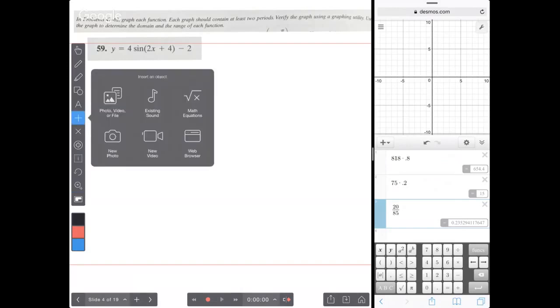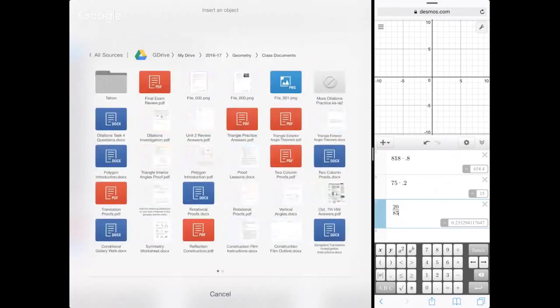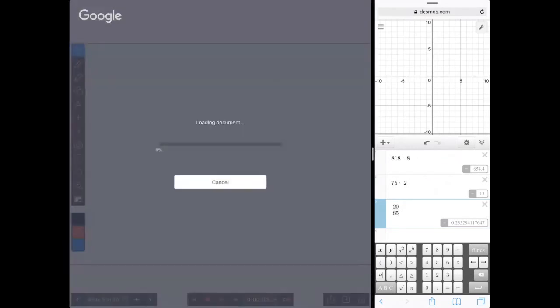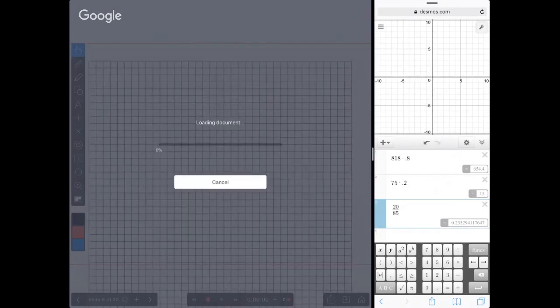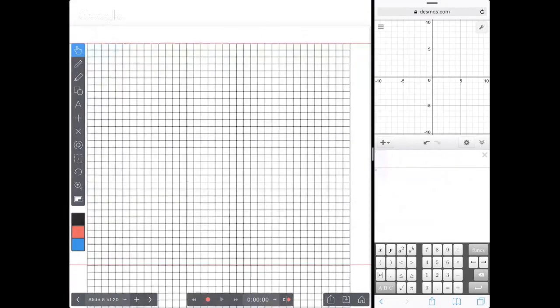So I want some graph paper. So let's see, x-axis, y-axis.